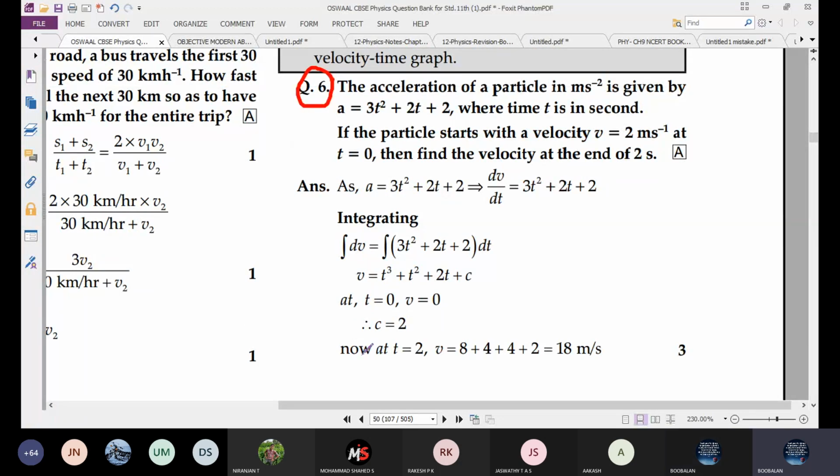Based on integral calculation, the acceleration of a particle in meter per second square is given by a equal to 3t square plus 2t plus 2, where time t in seconds. If a particle starts with velocity v equal to 2 meter per second at t equal to 0 seconds, then find the velocity at the end of 2 seconds.